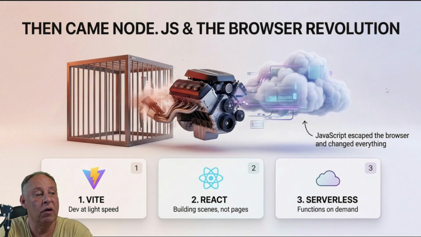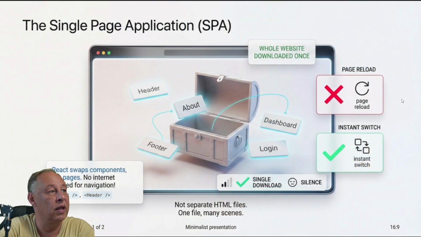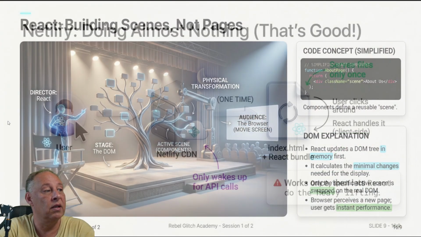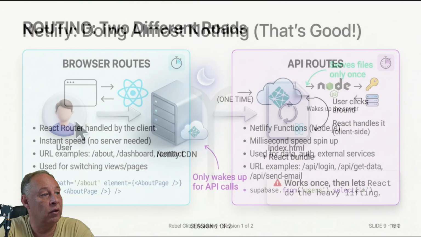So we're going to start off with Vite, and Vite is really a development platform. Now let me explain something else first. I just want to see if that's not on the next page. Oh, it's still coming, so I don't want to skip ahead too far.